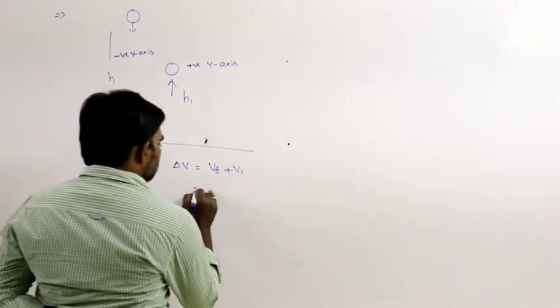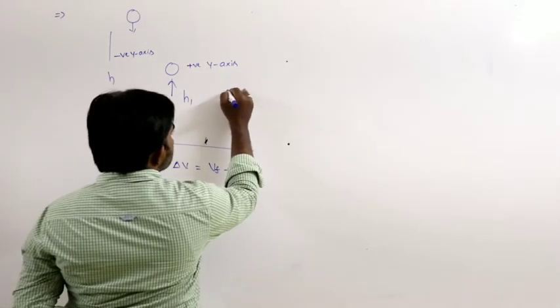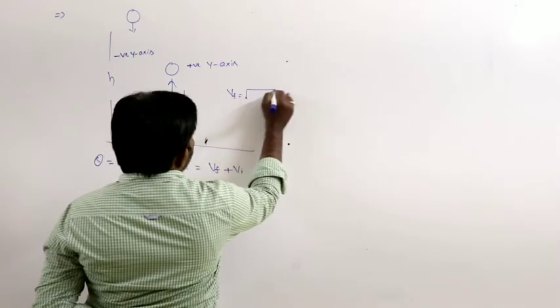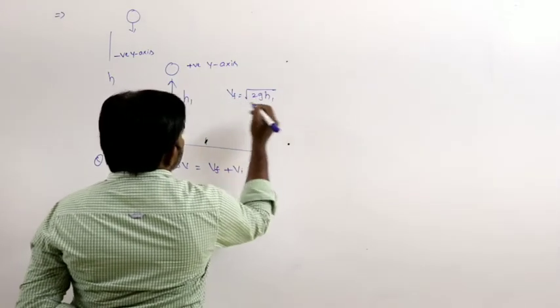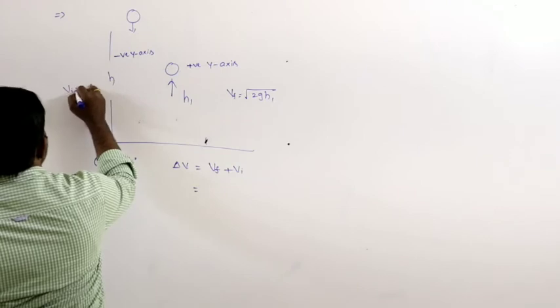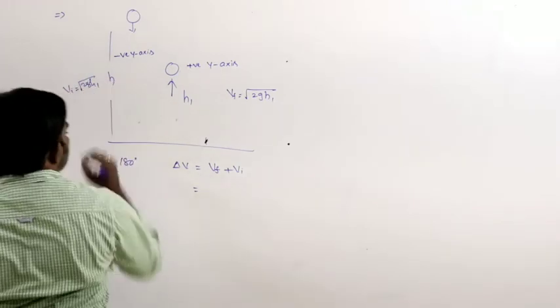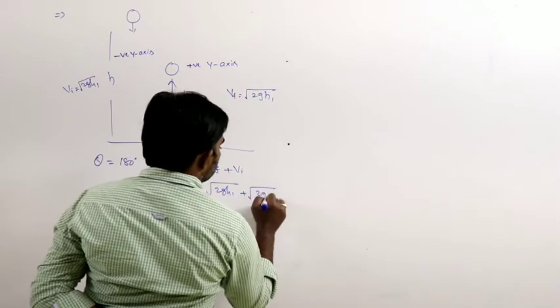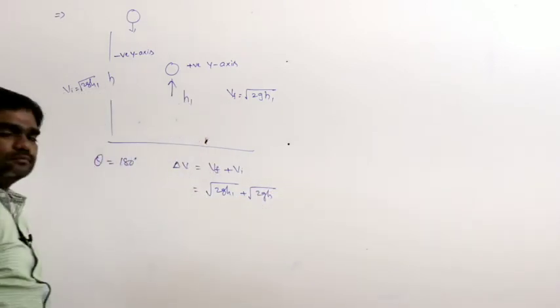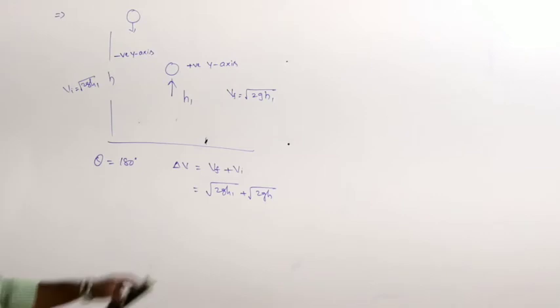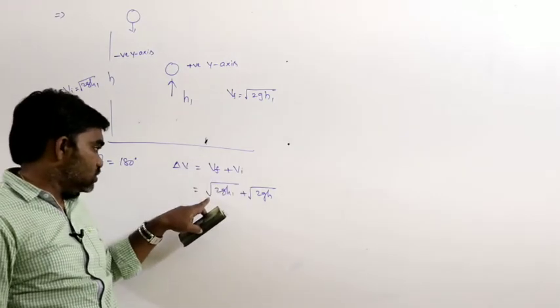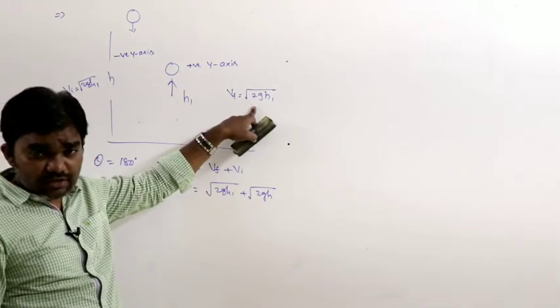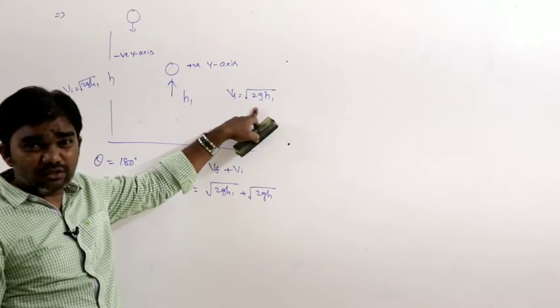What is the final velocity? If height is given, the velocity formula is square root of 2gh. Here Vi is equal to square root of 2gh1. So square root of 2gh1 plus square root of 2gh. If the height is mentioned, what is the velocity?